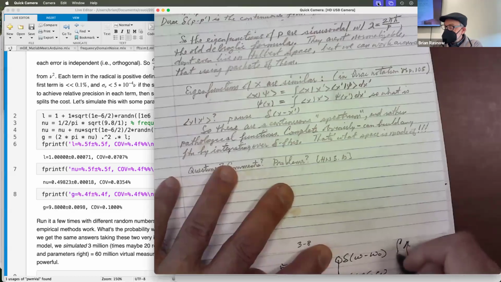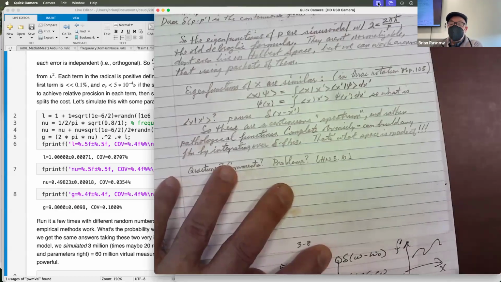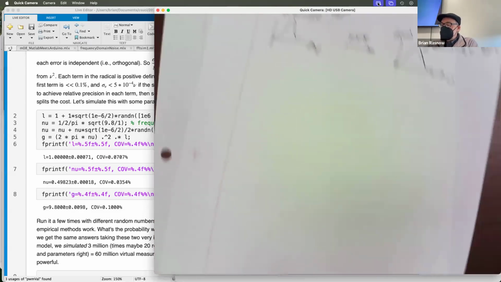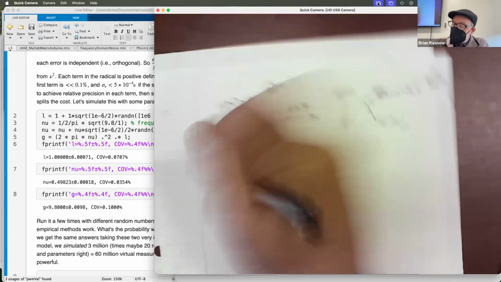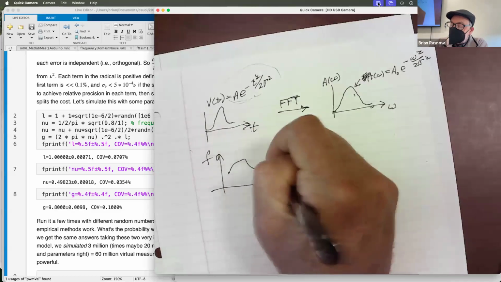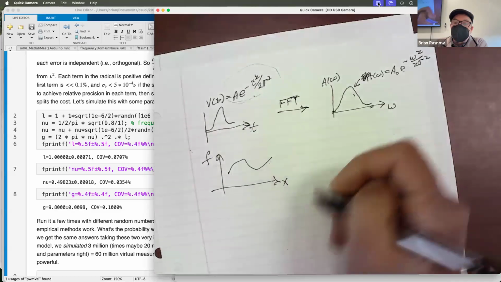x and f of x, I have some function. Let me, okay, so we have a function f of x.